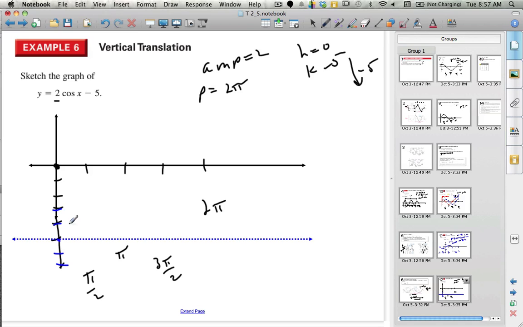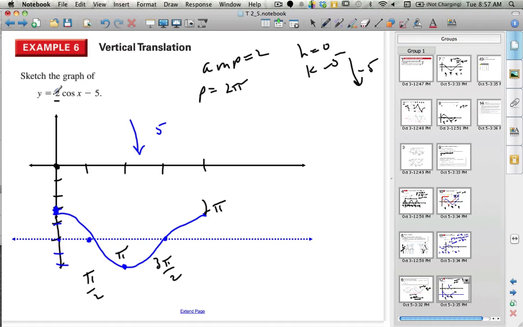When I go ahead to graph this, I'm going to start here at the upper amplitude. Then I go to the intercept, the lower amplitude, also called by your book the minimum, back to the intercept, and then back to the upper amplitude. So the graph looks like this. It's been shifted down by 5.